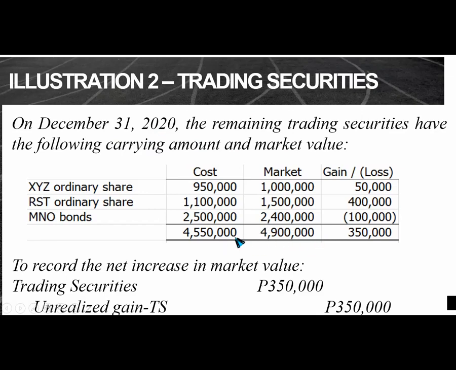So kung titingnan natin, meron siyang increase in value amounting to 350,000. So paano natin i-record yung increase sa market value? Debit lang tayo ng trading securities at 350,000. Credit tayo ng unrealized gain na 350,000. So again, itong unrealized gain na to, marireport to as part of your profit or loss or income statement for the year 2020.